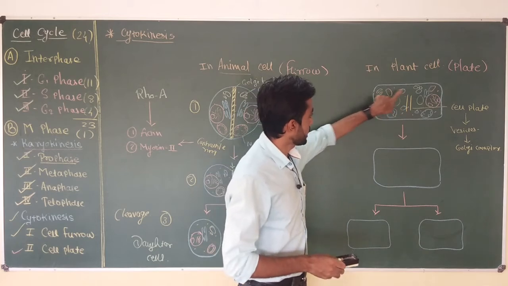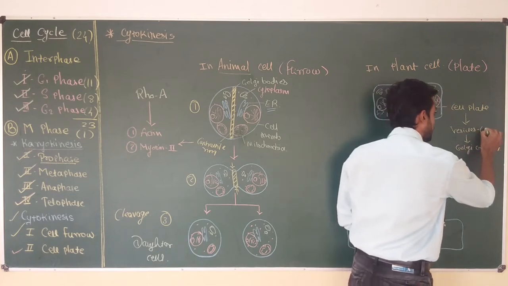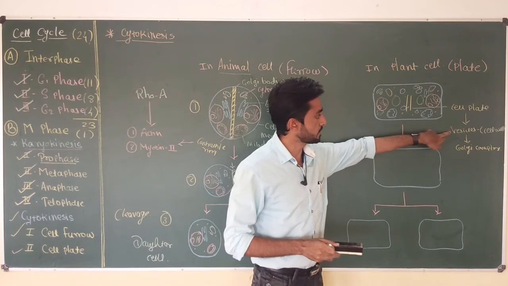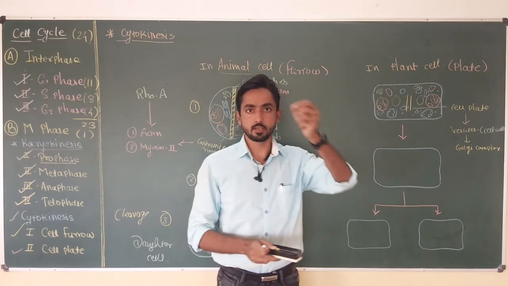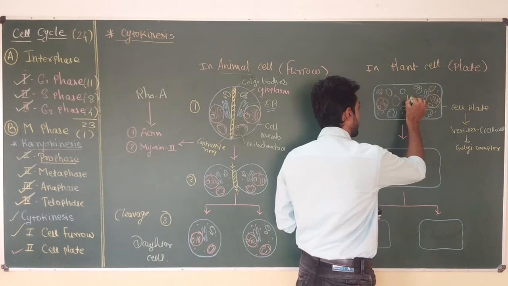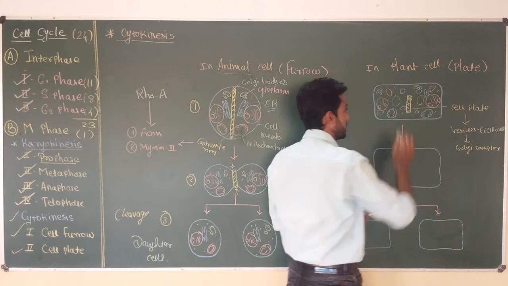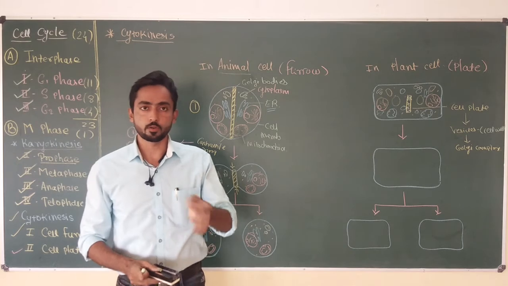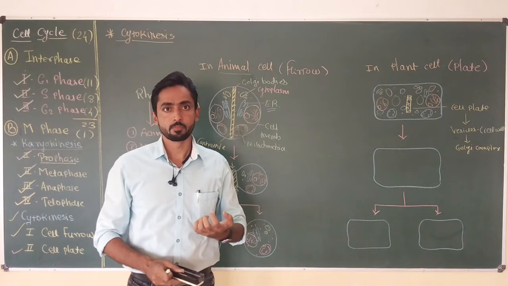So this Golgi complex produces vesicles, and now these vesicles contain cell wall components. The vesicles produced by the Golgi complex contain components of the cell wall, and now these vesicles transfer to the center of the cell where they produce the cell plate. So this cell plate is nothing but a structure containing components required for synthesis of the cell wall, coming from the Golgi complex.